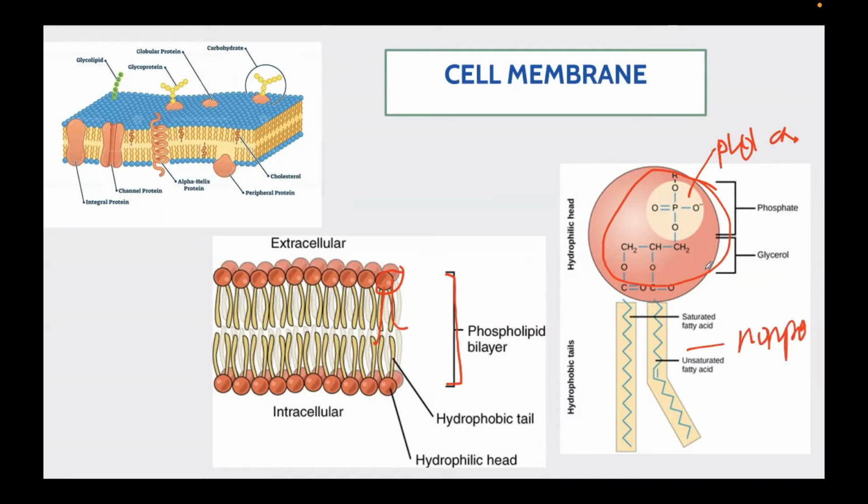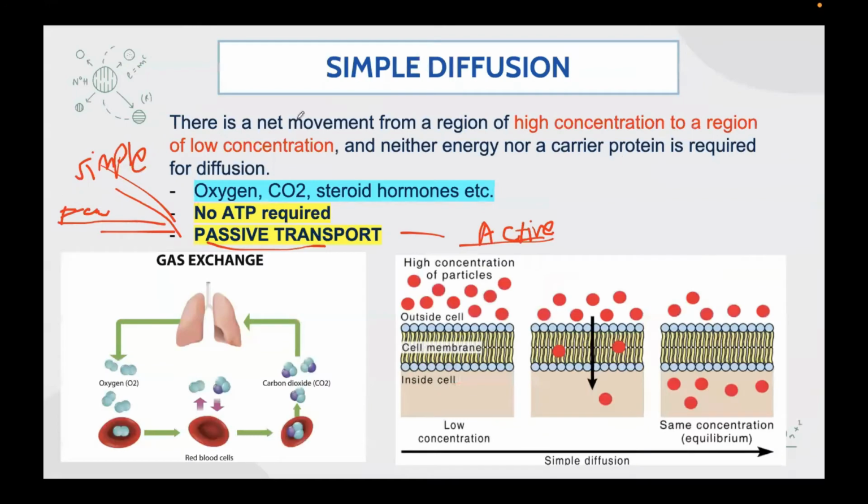Okay, pakitandaan po. With that being said, for your simple diffusion, there is a net movement from a region of high concentration to a region of low concentration. And neither energy nor a carrier protein is required for the diffusion. Ibig sabihin, ang ating cell membrane, hindi lahat ng molecules or hindi lahat ng mga ions, they can pass freely sa ating cell membrane.